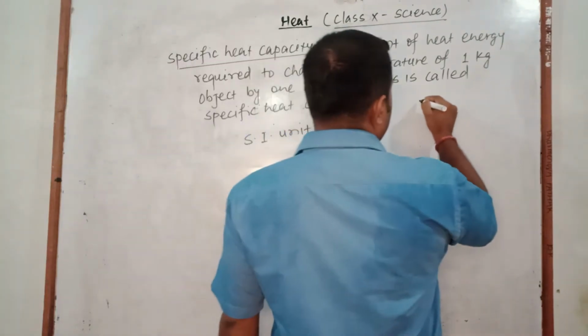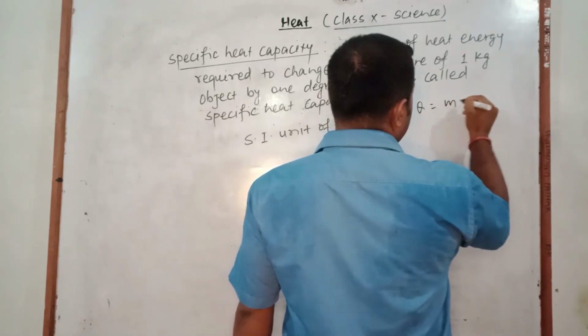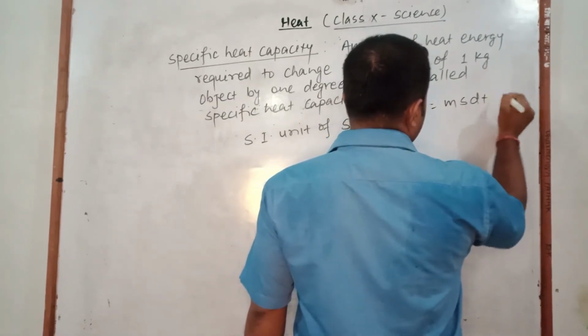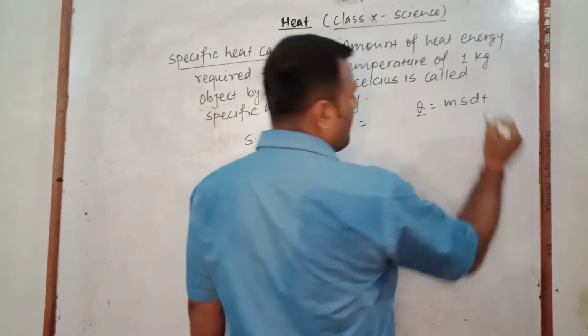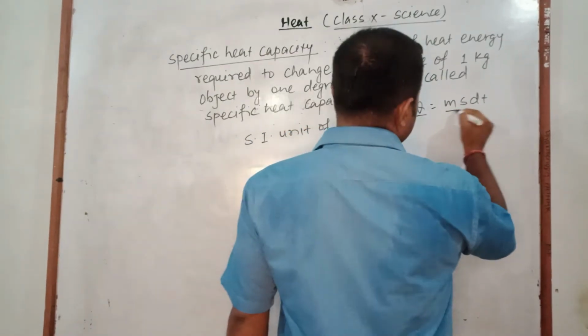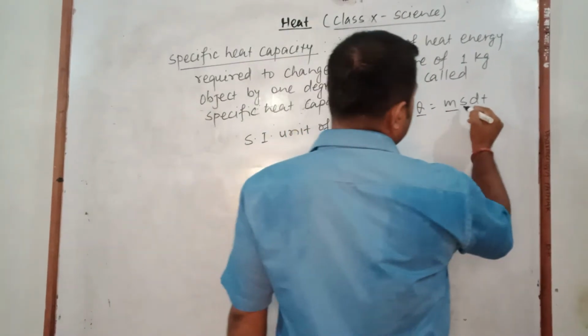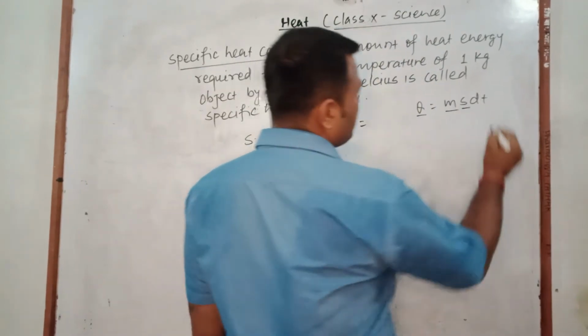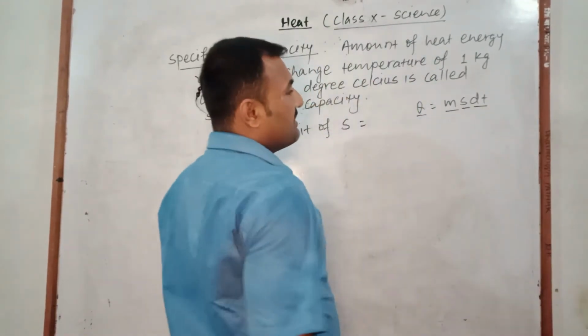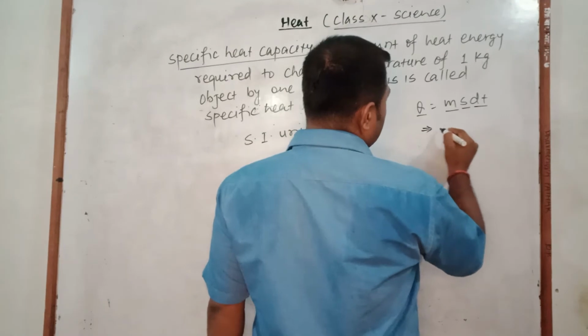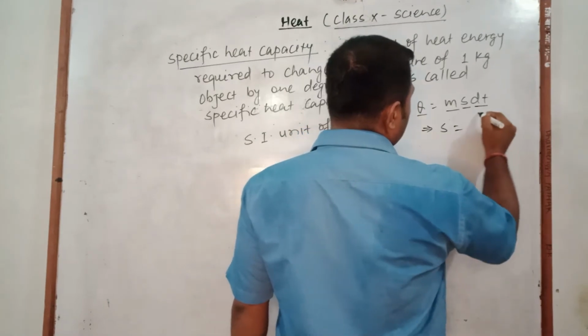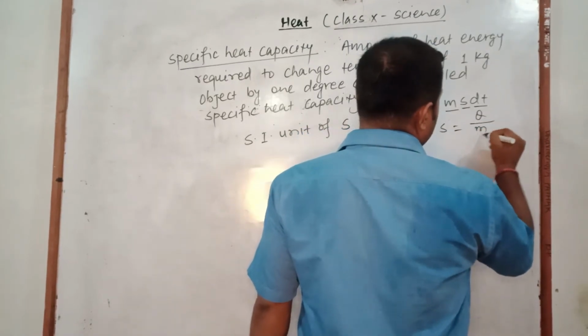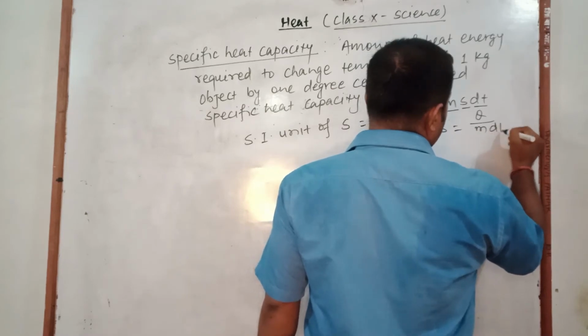And from the heat equation we know that Q equals m s dt. Here Q is the amount of heat energy, m is the mass of the object, S is the specific heat capacity, and dt is the change in temperature. From that we can define S equals Q by m dt.